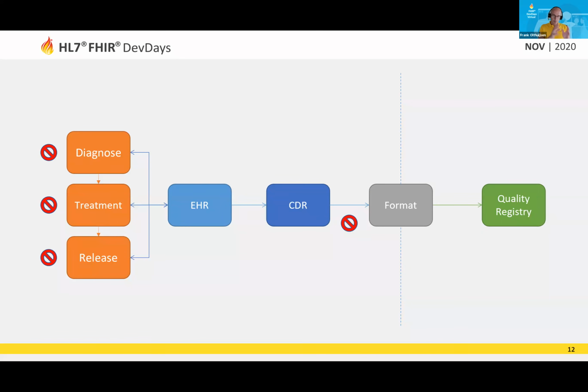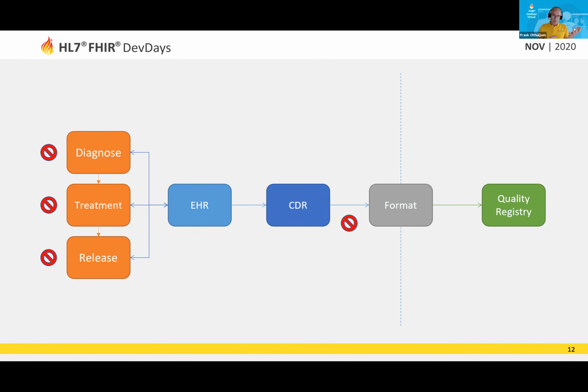And there are some potential issues with this process. It could be, for example, that not all the required information is registered during the diagnose, treatment, and release process. The CDR information needs to be converted to the format specified by the quality registry, and the mapping needs to be maintained.